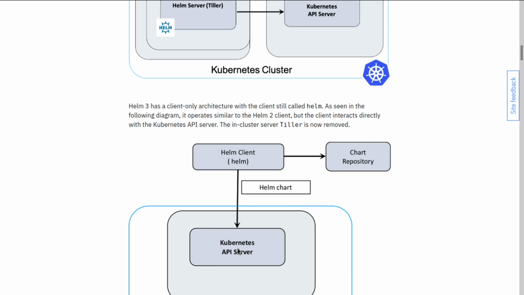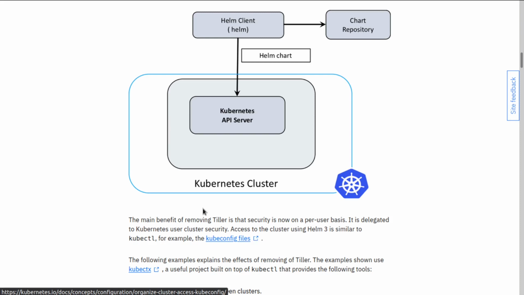The in-cluster server Tiller is now removed. The main benefit of removing Tiller is that security is now on a per-user basis. It's delegated to Kubernetes user cluster security. Access to the cluster using Helm 3 is similar to kubectl.